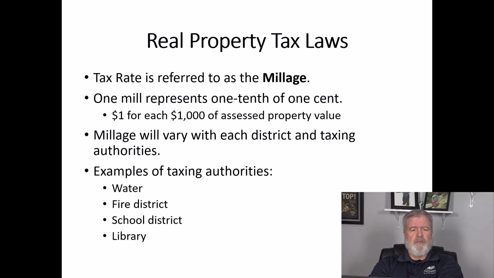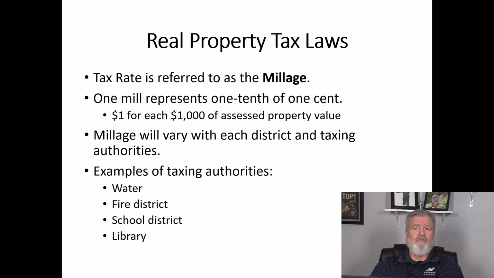So to look at this in a more generic way, it says $1 for each $1,000 of your assessed value. So obviously 1 mill of $1,000 would be $1. Okay, that's what millage is. And again, that's how they determine what the tax rate will be.